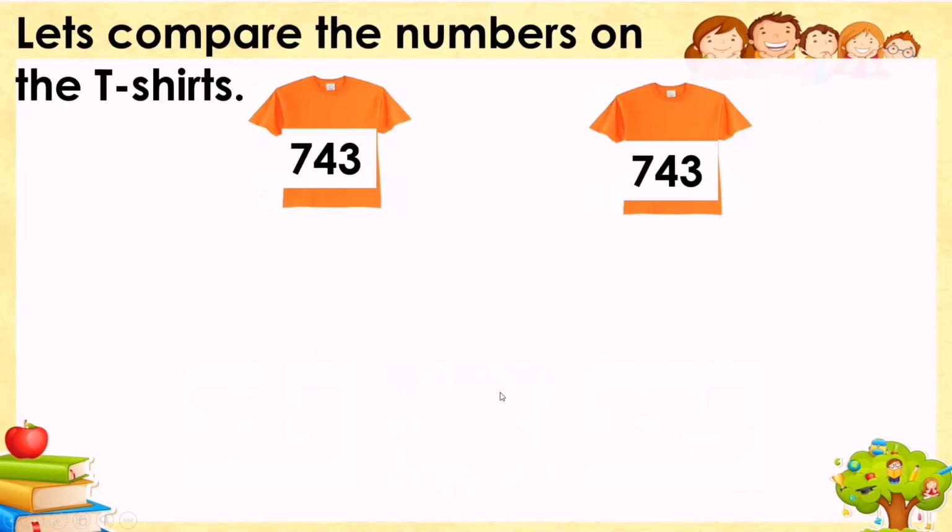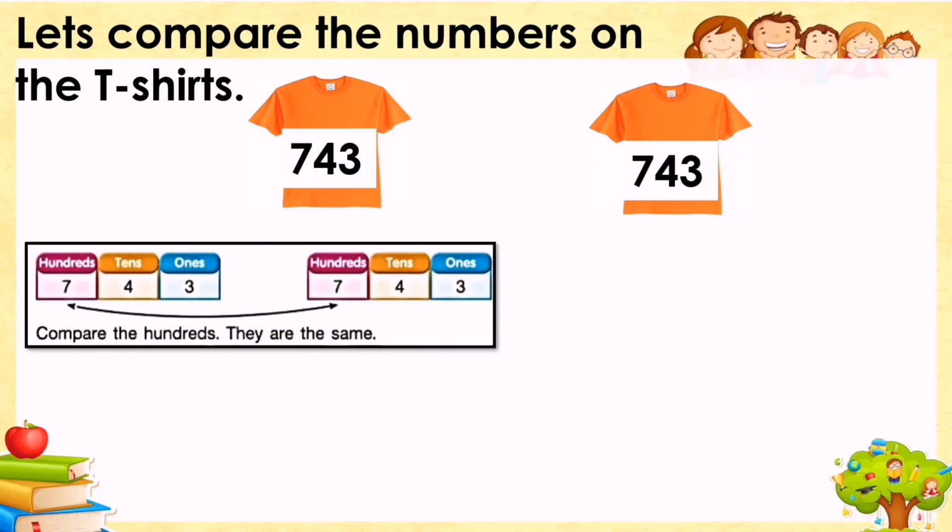Okay, so let's see this another example. Let's compare the numbers on the t-shirts. So we have here 743 and the next t-shirt is 743 also. Okay, so let's compare the hundreds place. What is the number in hundreds place? Okay, so we have 7.